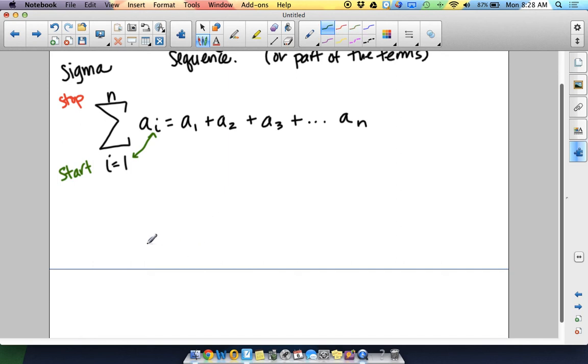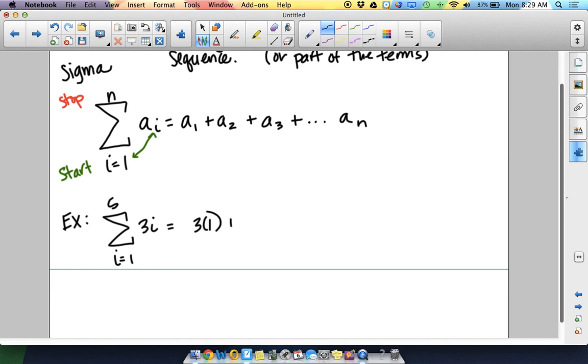Okay, so here's your example for these. Again, the notation is the hardest part of this. We're going to do a summation from I equals 1 to 5 of the rule 3I. So what you do is this is a multiplication problem first. So it's 3 times 1. But your job is not only to write the terms, it's also to add them.